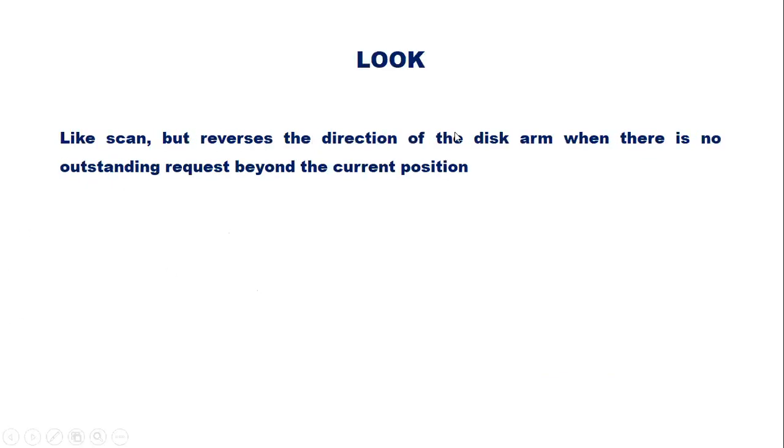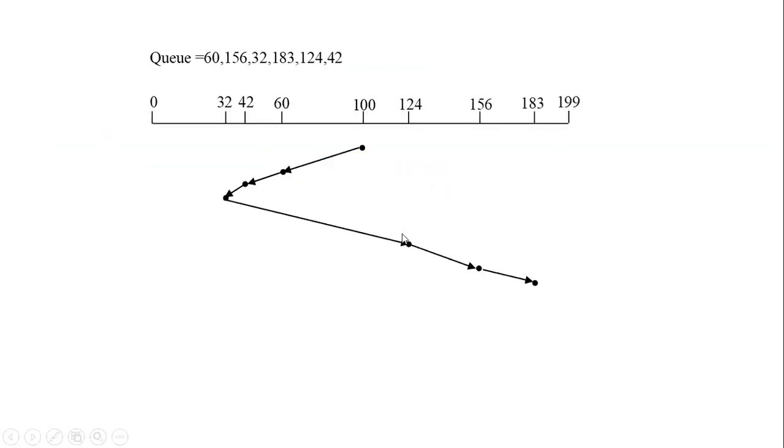So the next algorithm is look. So this algorithm is also like the scan algorithm, but it reverses the direction of the disk arm when there is no outstanding request beyond the current position. So we will take the same example. So it is at 100. So the disk arm is moving towards 0.